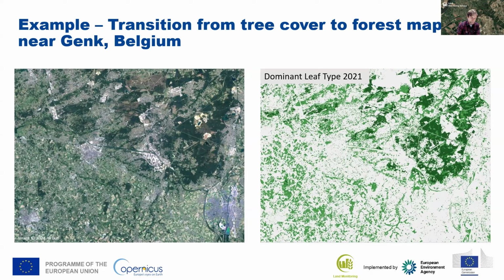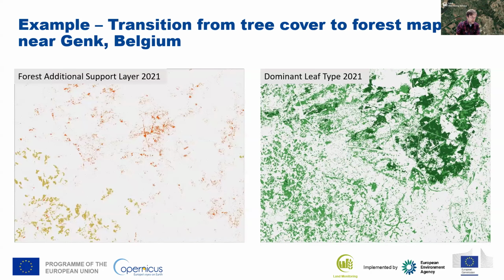southwest of these areas. And the production of the forest type, this intermediate product which was mentioned before, the forest additional support layer, shows here in these yellow brownish colors all the tree cover areas which are under agricultural use, and the orange and red parts show all the tree covered areas in urban context, which then get excluded during the forest type production.